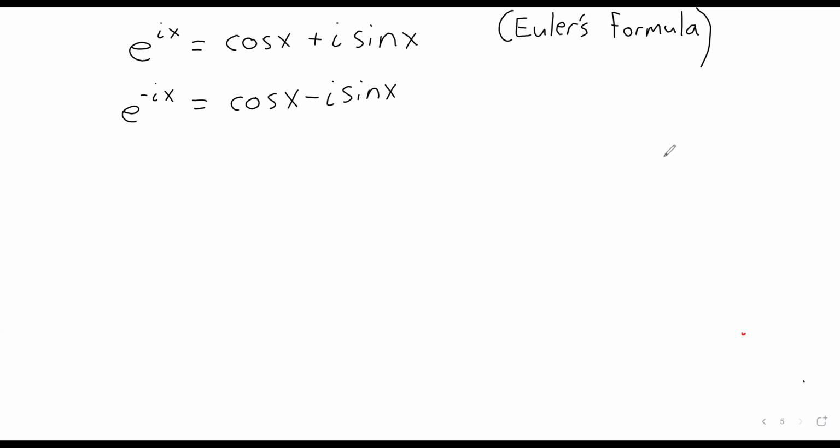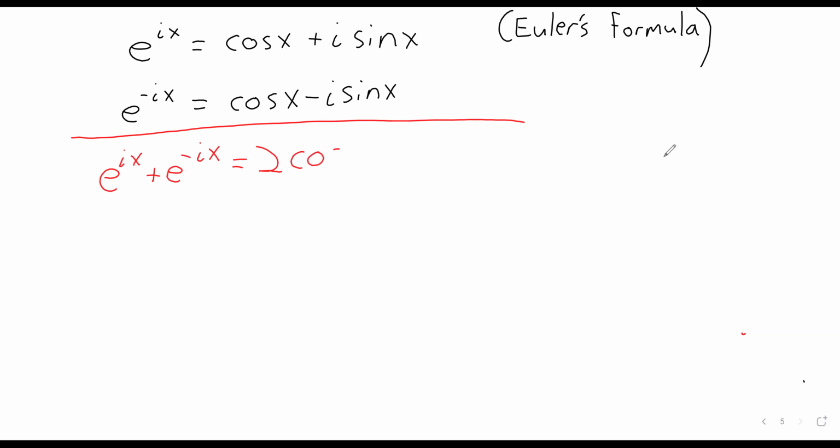And in particular, if we take both of these things and we add them together, e to the ix plus e to the negative ix is 2 times the cosine of x.